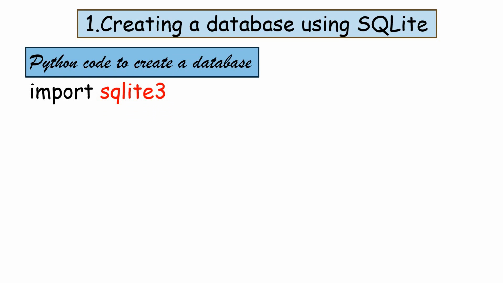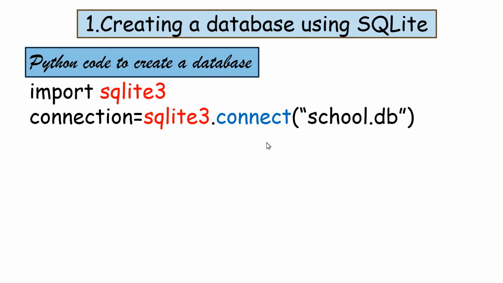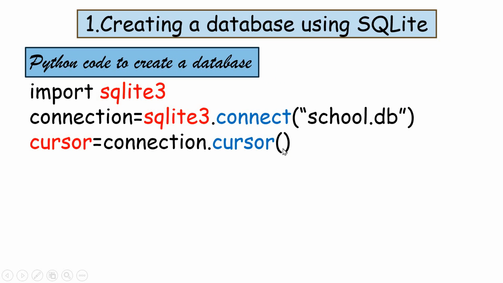The second step is to establish a connection between sqlite3 and your database, which is written as connection = sqlite3.connect and within parentheses the name of your database file, which is school.db. The third step is to create a cursor object by using the cursor method: cursor = connection.cursor(). So these 3 statements will create a database school.db.